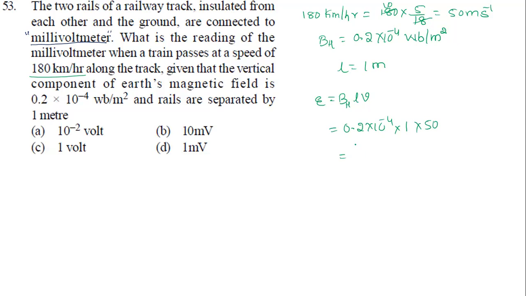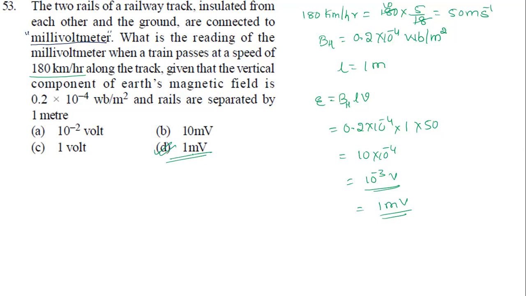So it will be 10 into 10 power minus 4, which is 10 power minus 3 volt. 10 power minus 3 means milli, right? So the millivolt meter will show 1 millivolt. So D is the right answer.